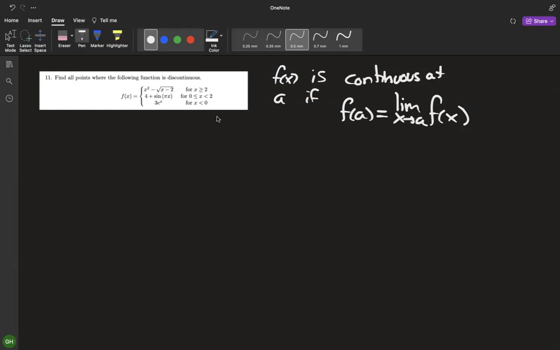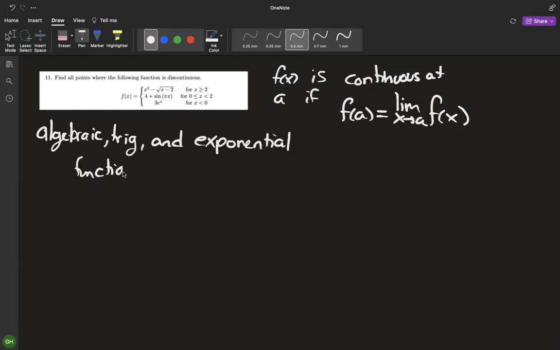Now, for free, we get most numbers already. All I'm going to say is that algebraic, trig, and exponential functions are continuous on their domains.